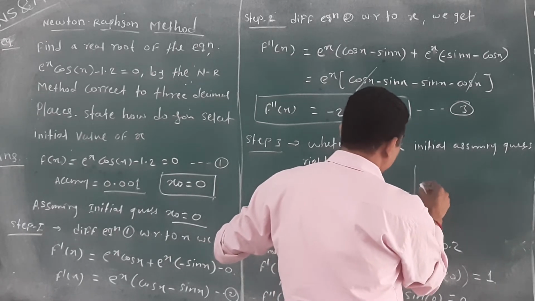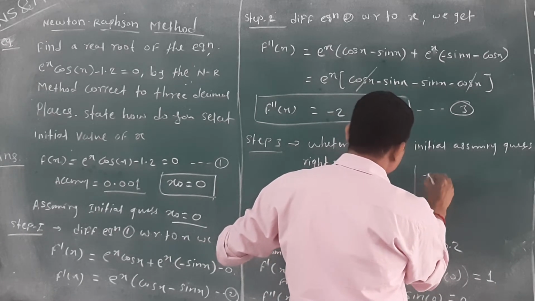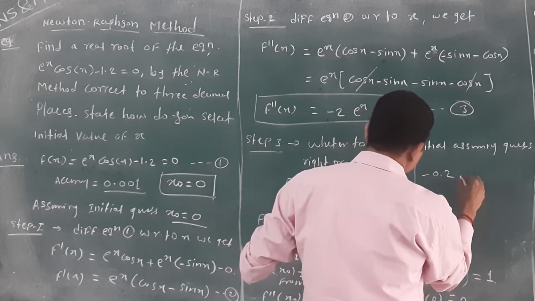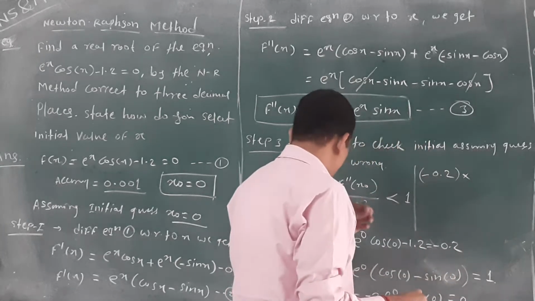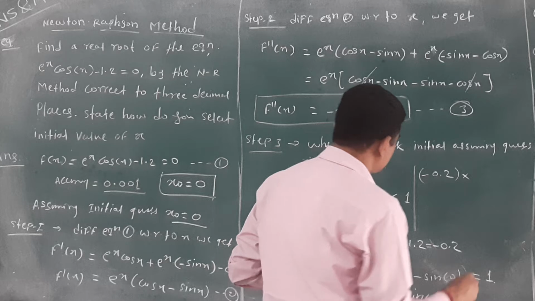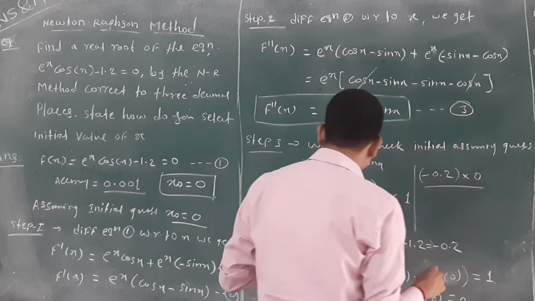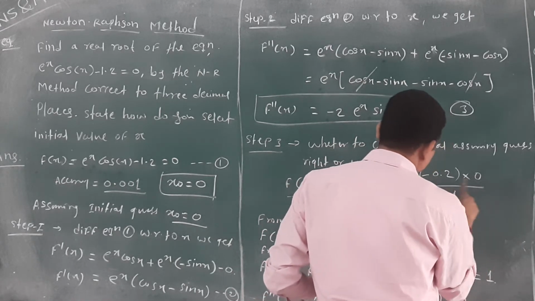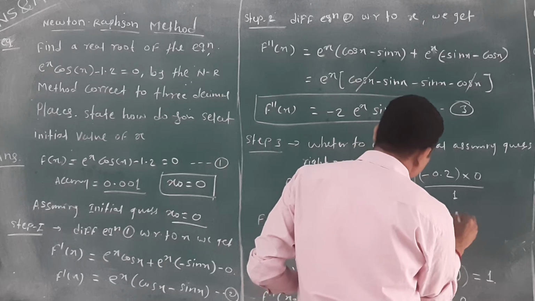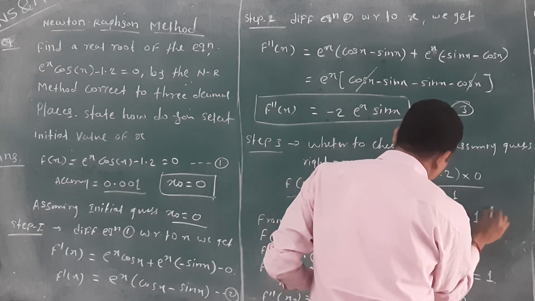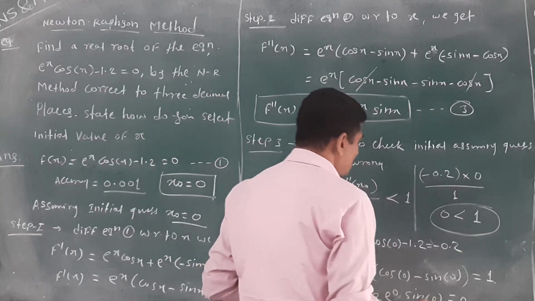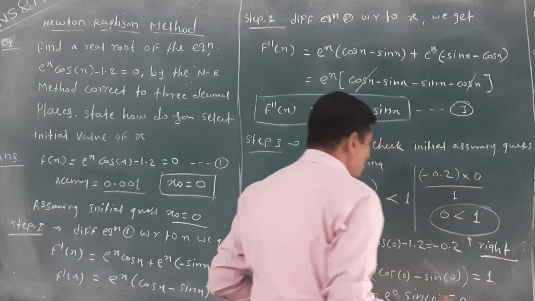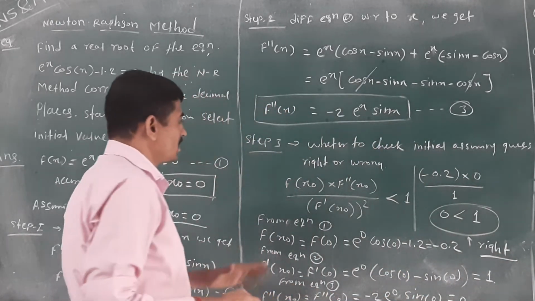Then I write minus 0.2 into f double dash of x0, which is 0, divided by f dash of x0, which is 1. Then 0 divided by 1 gives 0. 0 is less than 1, which means our initial assumption guess is right.